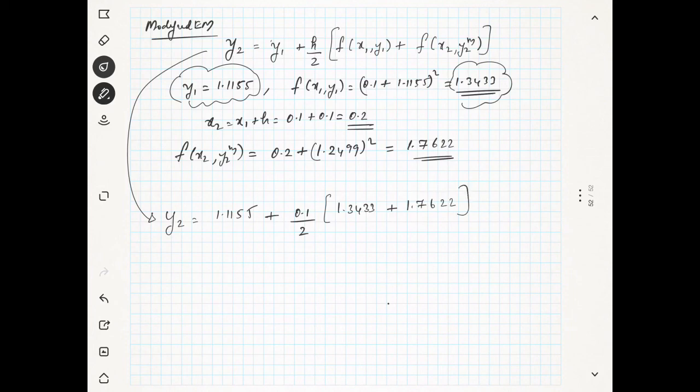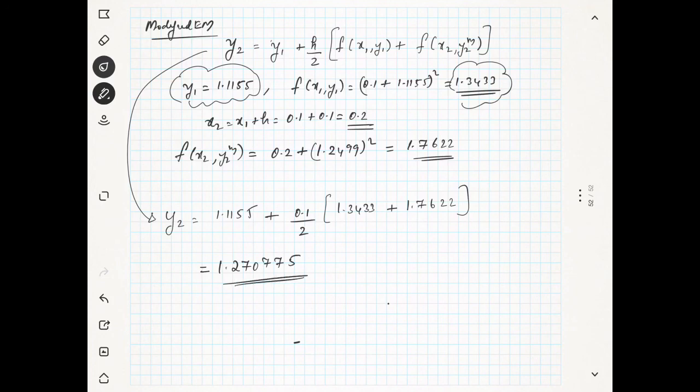Let me calculate this. The answer is equal to 1.270775. So this is the answer.